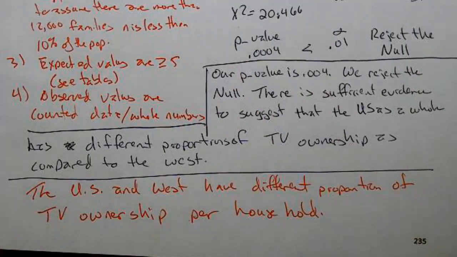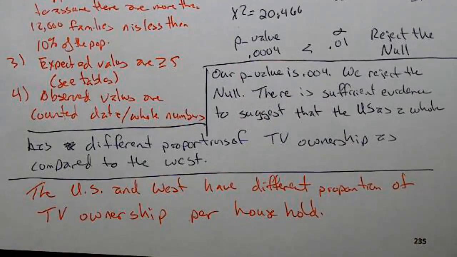In my opinion, what shows up most on the AP exam is chi-squared test of independence, followed by chi-squared goodness of fit test, followed by chi-squared test of homogeneity. Homogeneity does show up, but it isn't frequent, not nearly as frequent as the other two. So first comes independence, then goodness of fit, then homogeneity.